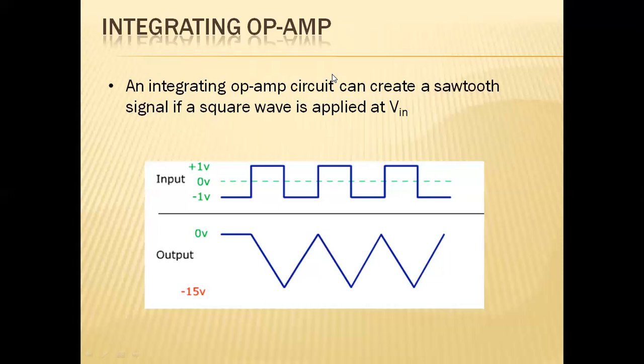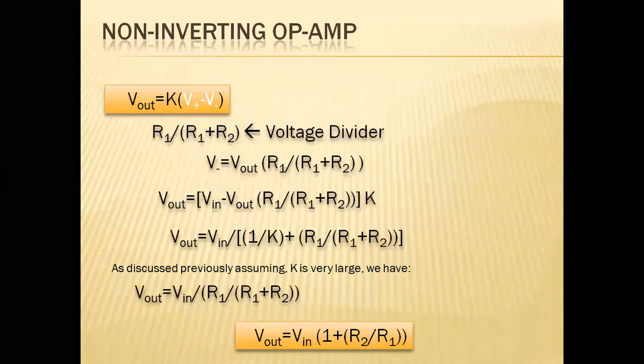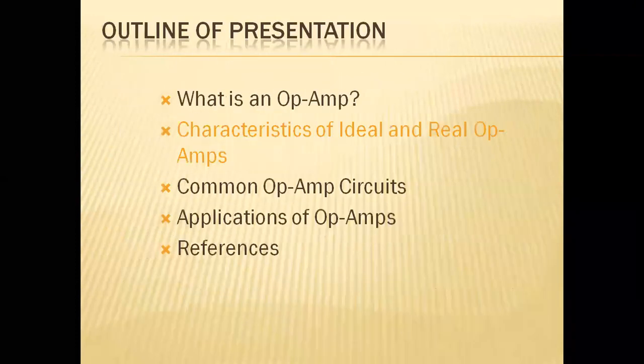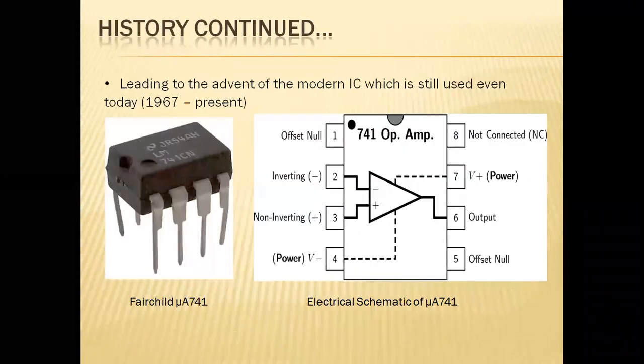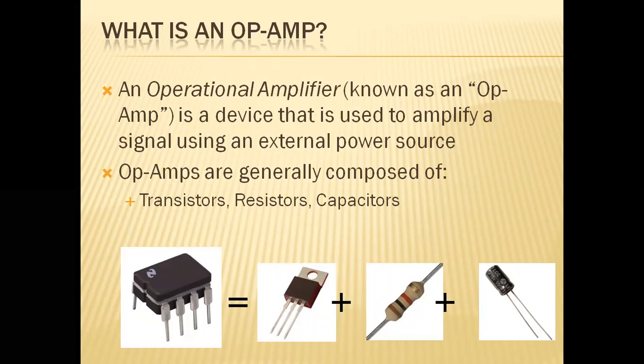Now, we have discussed the following points, so let us have an overview once again. An amplifier is a device used to amplify a signal when an external power source is given.